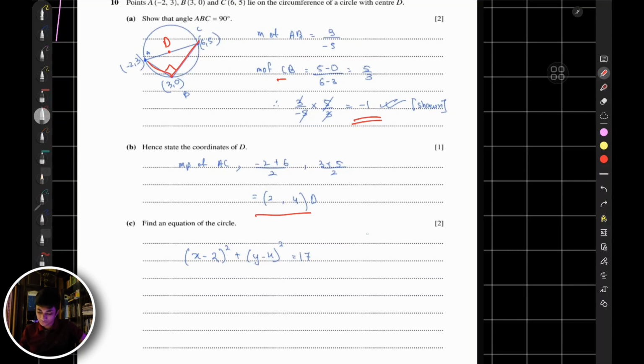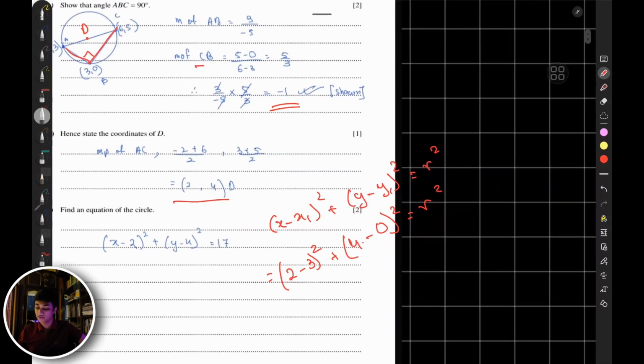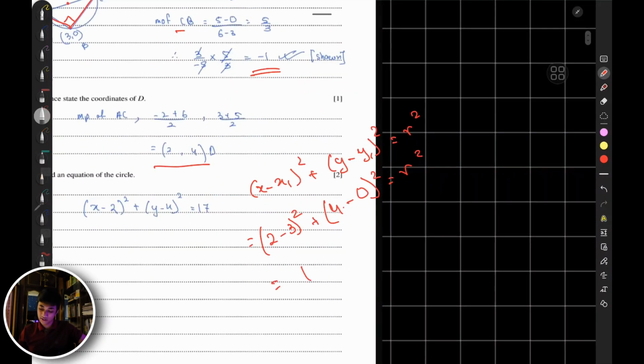Simple equation. So for this one, x is 2 minus 3 whole square plus y, which is 4 minus 0 whole square, is r square. You actually need r square over here, so we'll keep r as it is. We're not going to take the root. So what's going to be the answer? Which is 16.